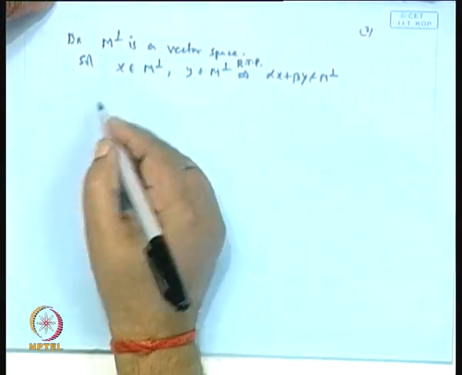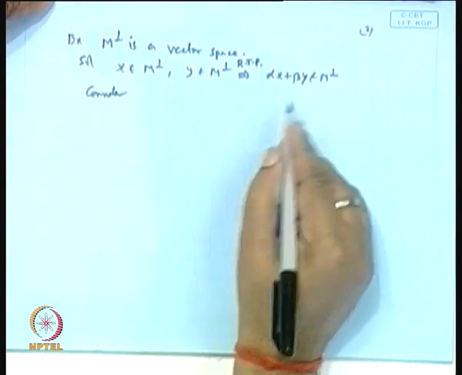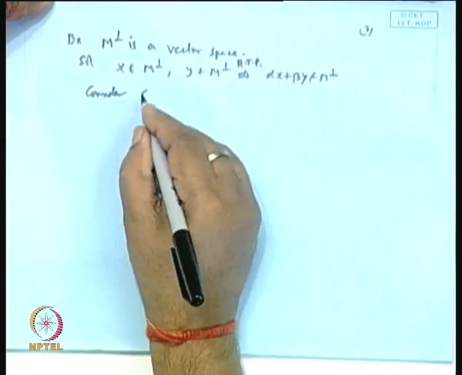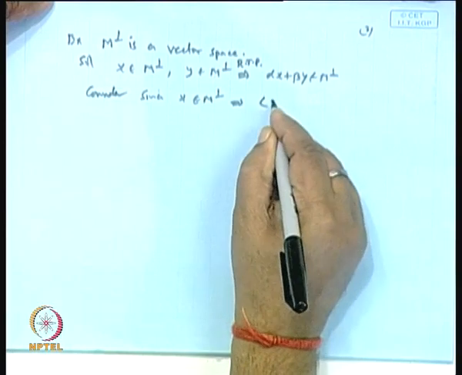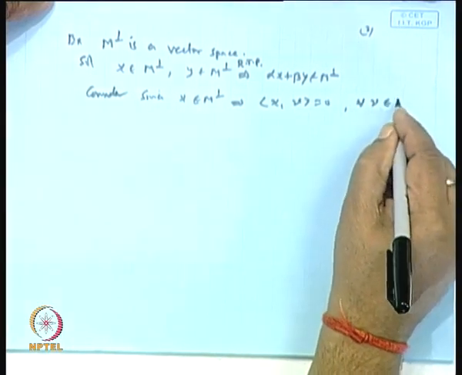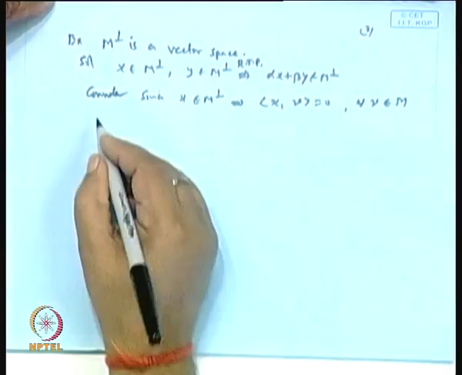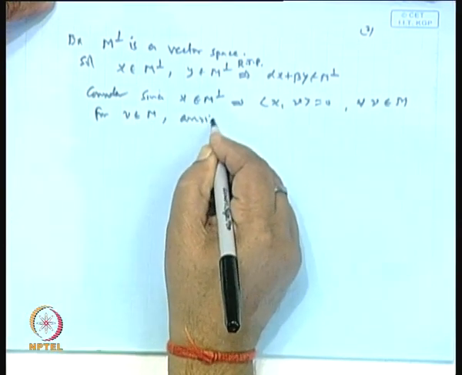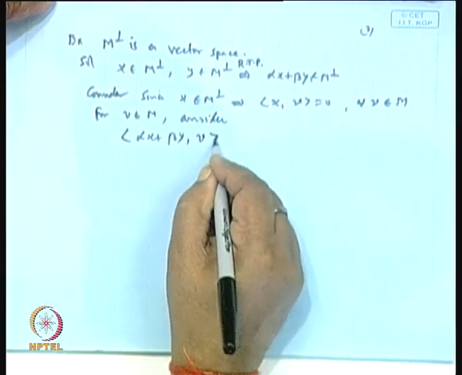Clear? So, consider the inner product of this with the elements of M. Since x belongs to M perpendicular, it implies the inner product of x and v is 0 for every v belongs to M. Similarly, y belongs to M perpendicular. So, for v belongs to M, consider the inner product of alpha x plus beta y with v.